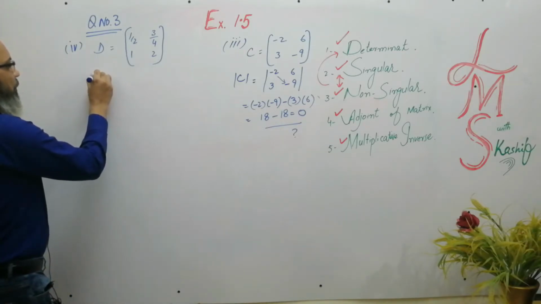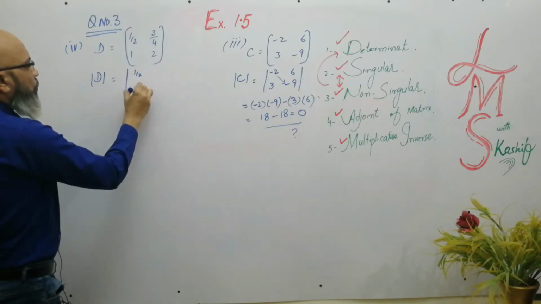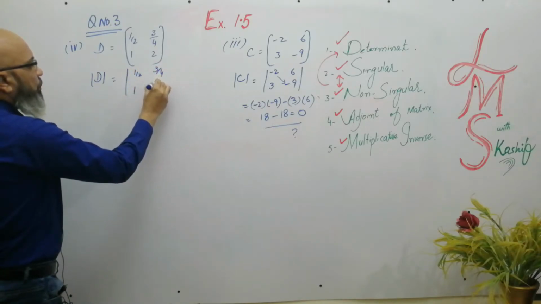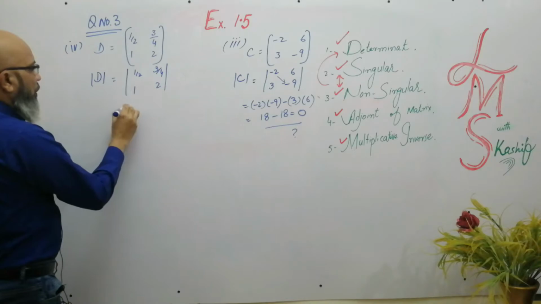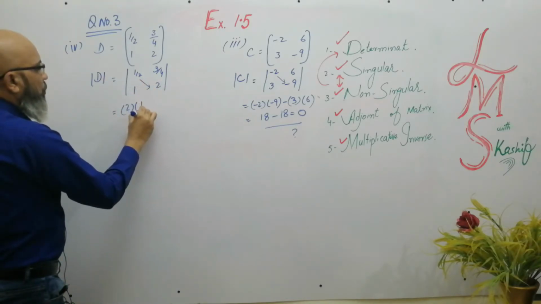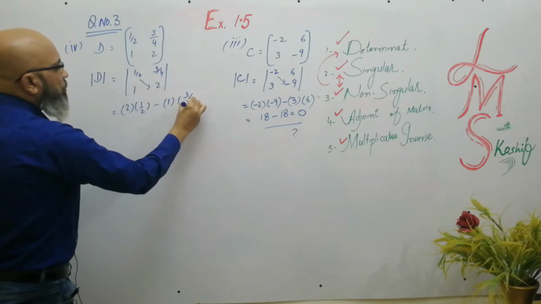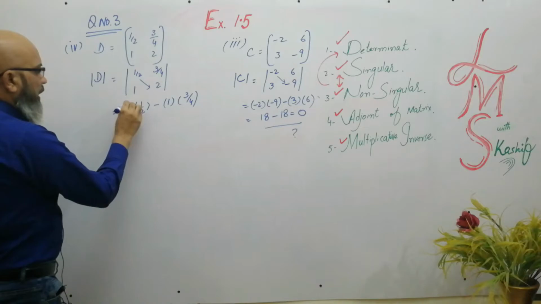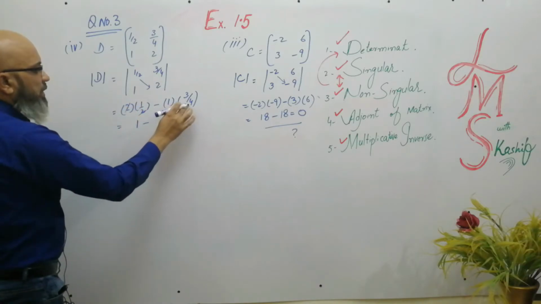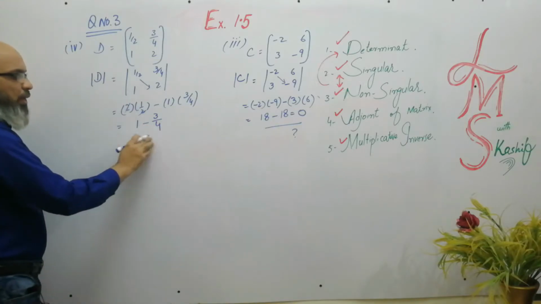First, we will find the determinant: 1 over 2, 1, 3 over 4 and 2. So how do you find it? 2 into 1 over 2 minus 1 into 3 over 4. It will become 1 minus 3 over 4. So how can you solve this?